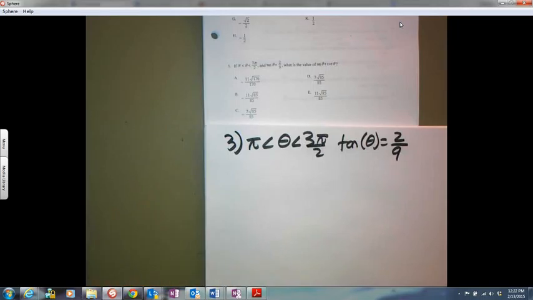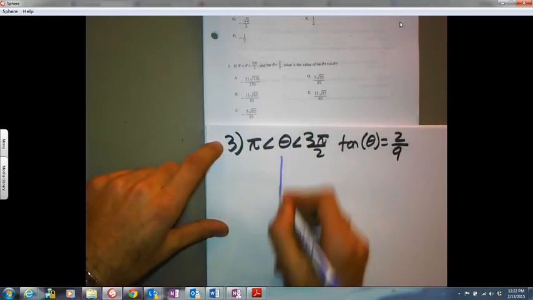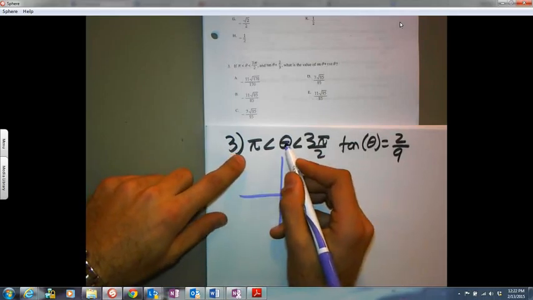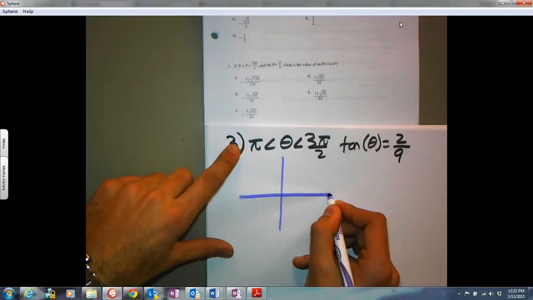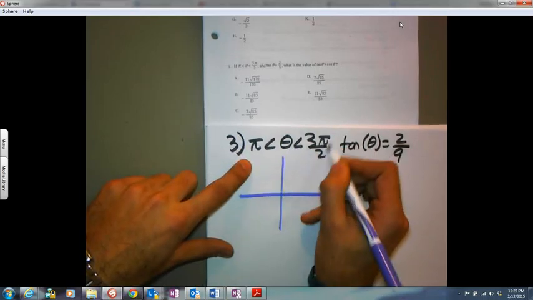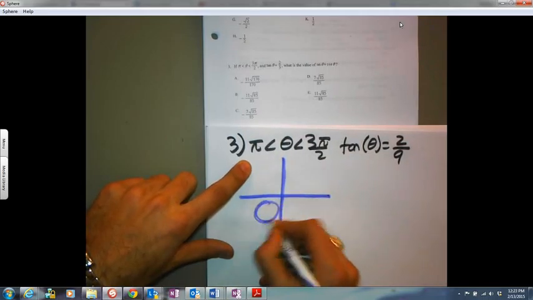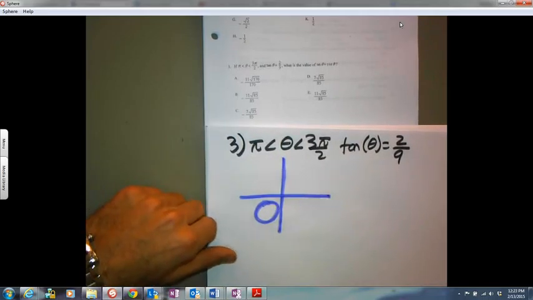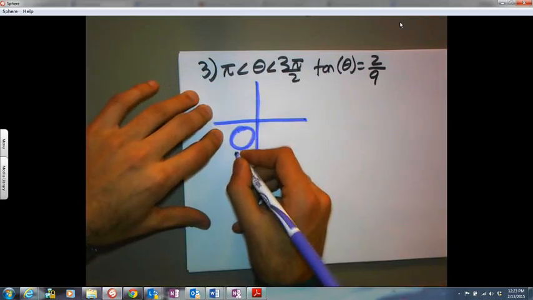This statement tells us a lot. This is saying theta is bigger than pi, so bigger than 180. Here's 180 degrees, and smaller than 3 pi over 2, smaller than 270. So it must be somewhere in here. This is Q3, which means theta must be in Q3.